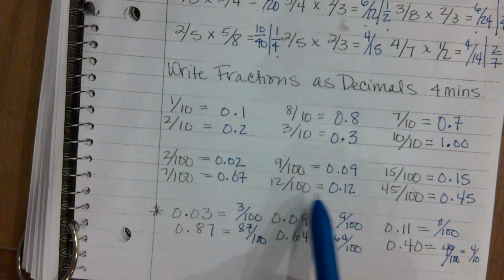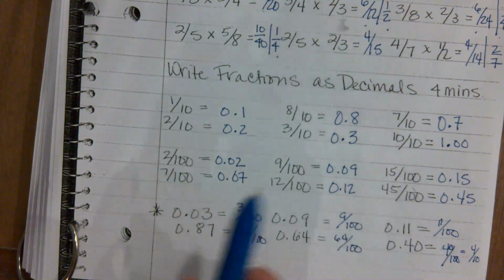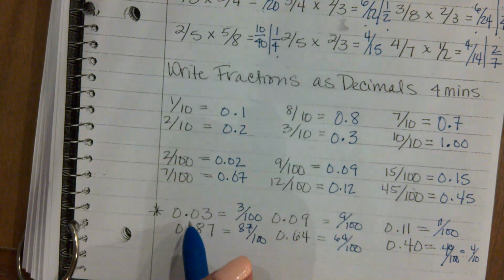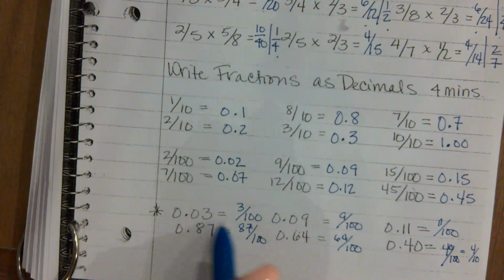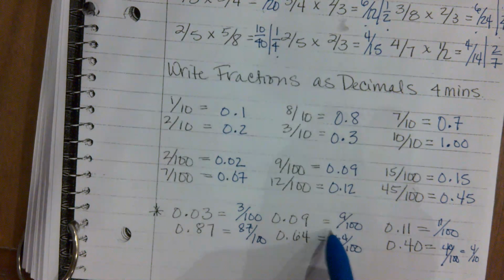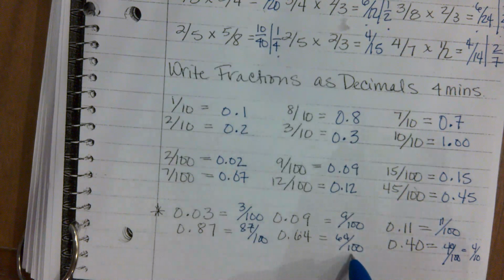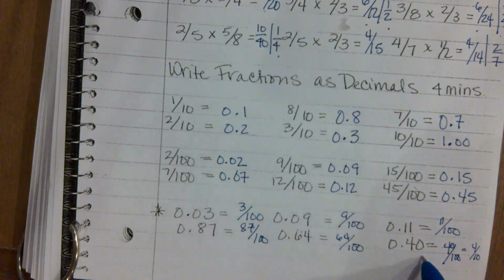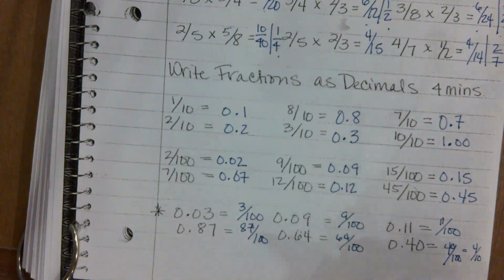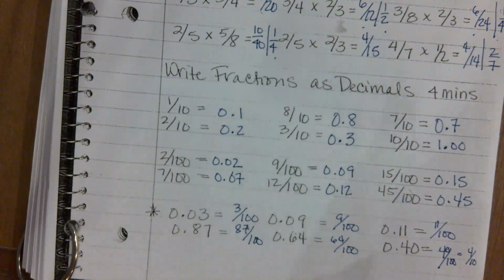Then 200s, 200s, 900s, 1500s, 700s, 1200s, 4500s. Then we have turning our decimal into a fraction, 300s, 900s, 1100s, 8700s, 6400s, 4000s. But this is where things can kind of get squirrely on you.